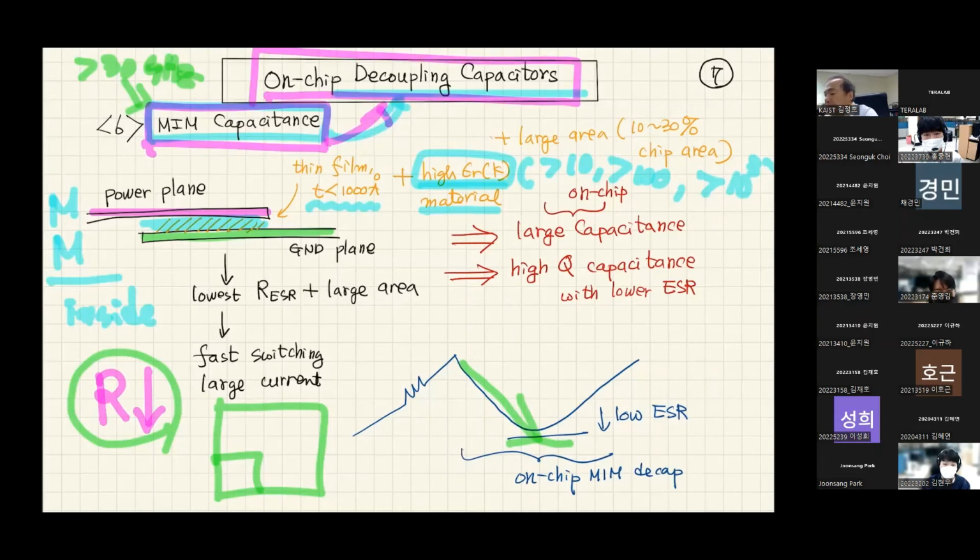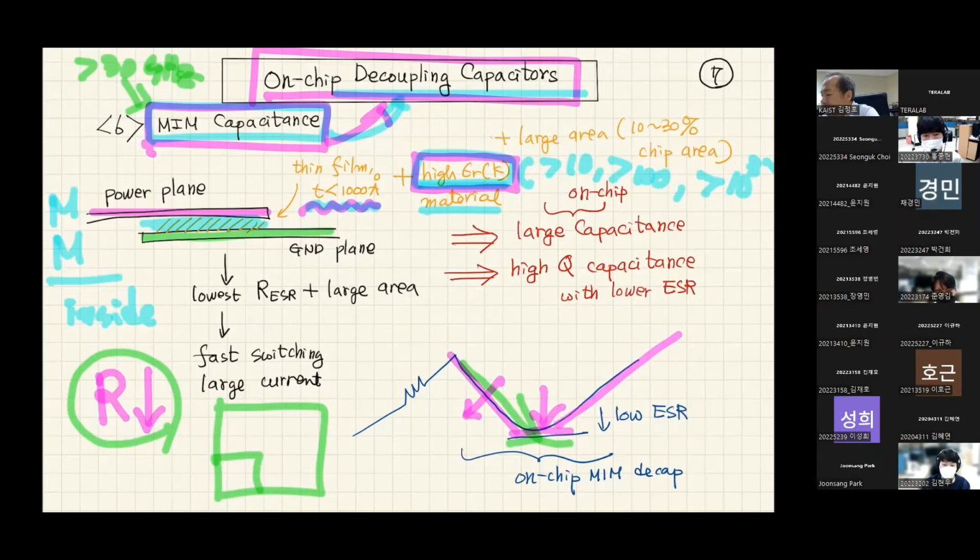We need some help from the processing and materials scientists who have to develop very high K material. In the future, K could be more than 1,000 or a million. And still in those cases, we want to keep the thickness as thin as possible. Then we can increase the capacitance and reduce the resistance.